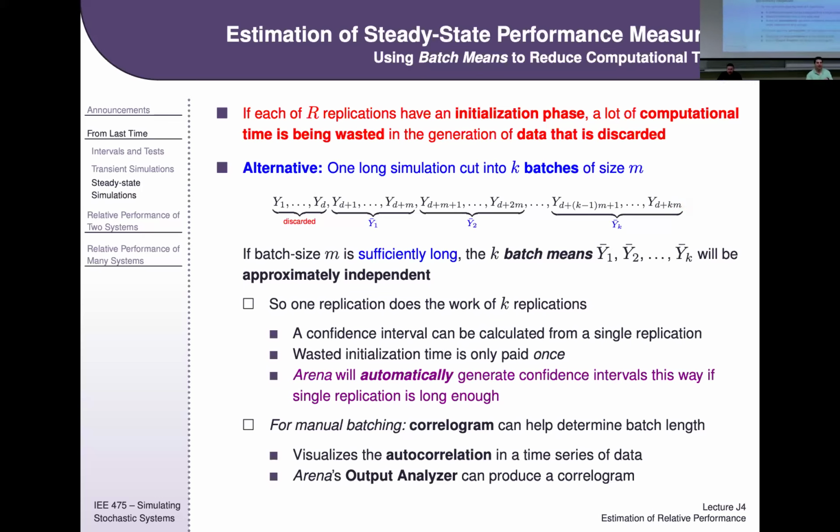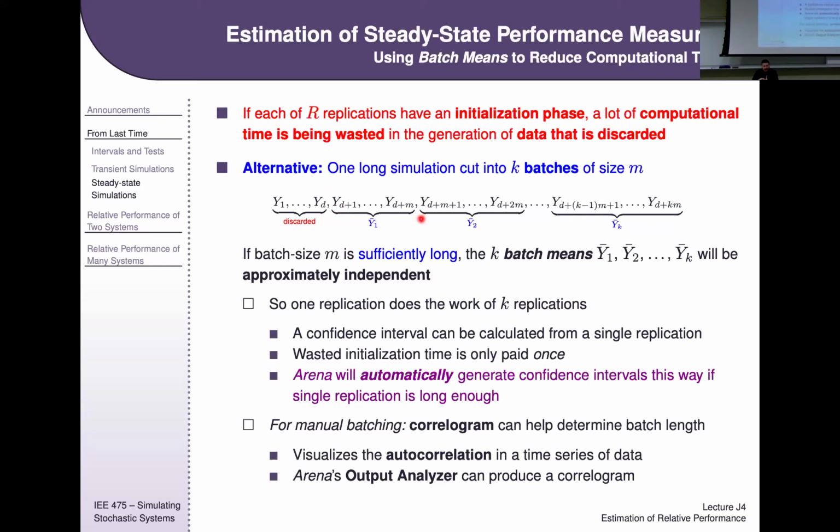So basically take those 25 replications and run them in sequence, but only use one warm-up period. So if you run a really long replication, the idea is you'll have a warm-up period, and that will get things primed, and then you'll run a really long set of data collection.